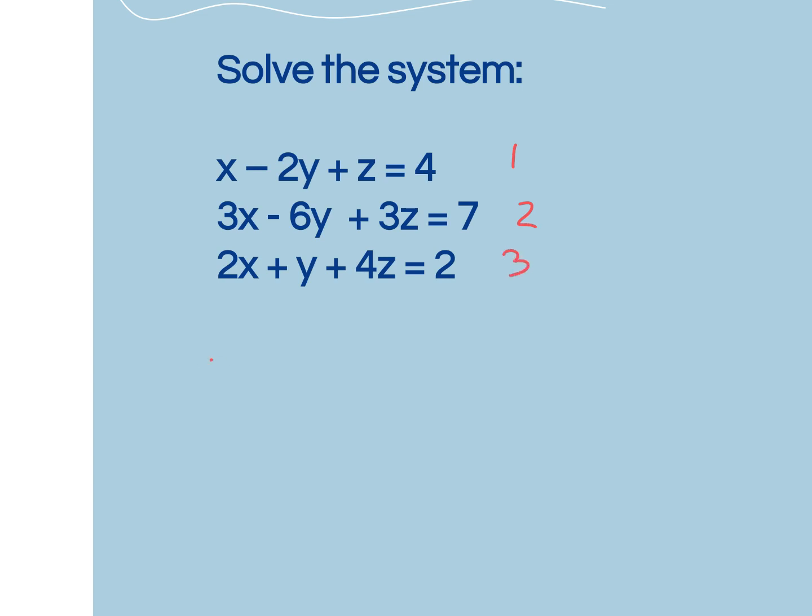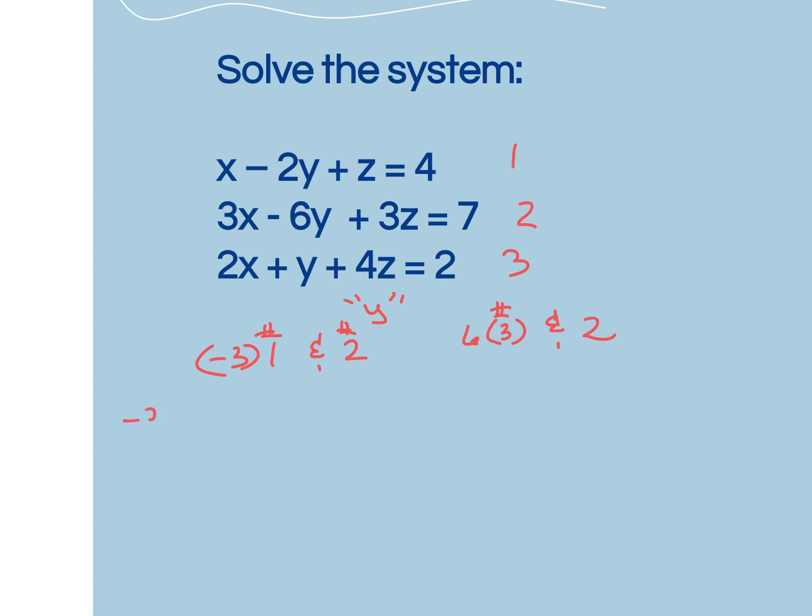I'm going to multiply equation number 1 by -3, and then add that to 2. And then I'm going to take equation number 3, and actually I'm going to eliminate y. So I'm going to multiply equation number 3 by 6, and add that to equation number 2.